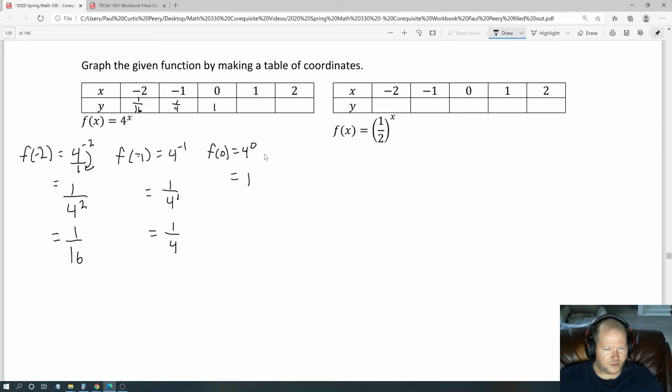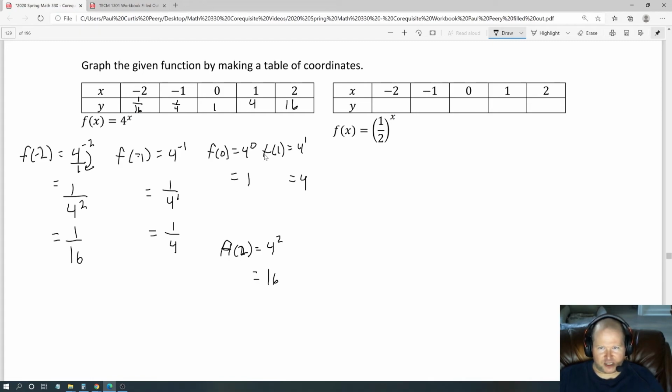The next one is 4 to the first, which is just 4. And then we do f with a 2 for x. That gives me 4 to the 2, which is 16.